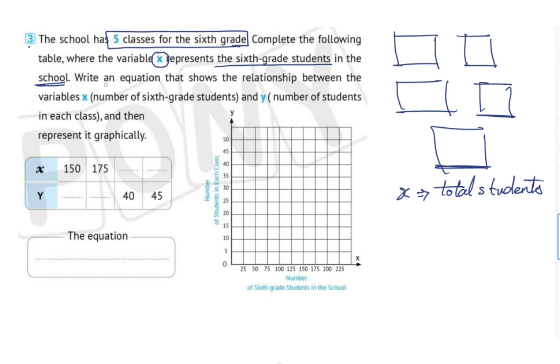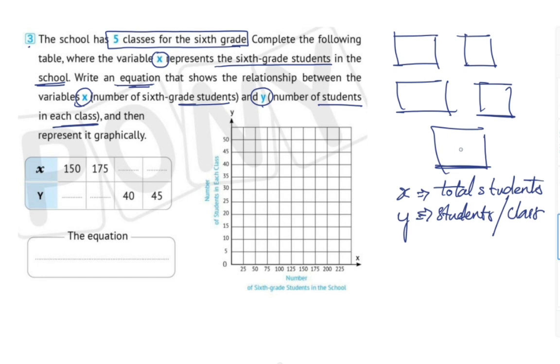Now write an equation representing the relationship between X, the number of all students, and Y, the number of students in each class. So Y is the students per one class.